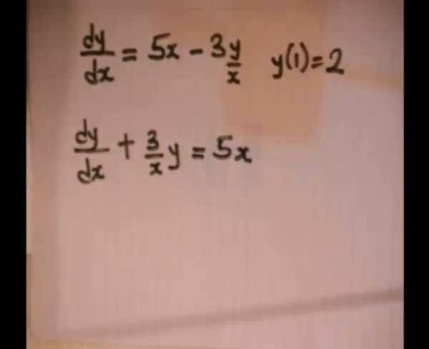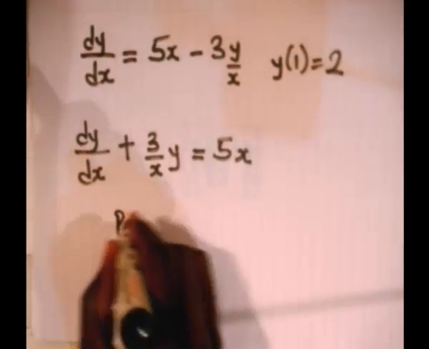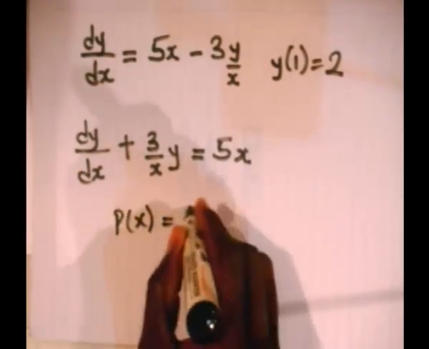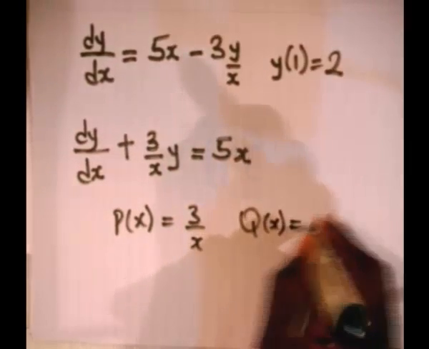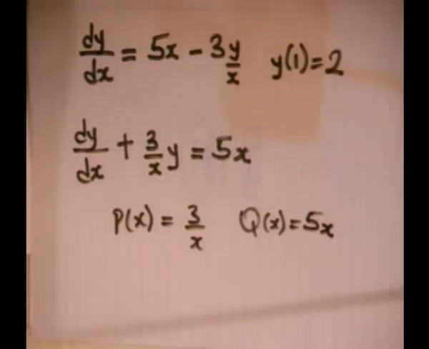Here we can see this is exactly of the form where p of x equals 3 on x and q of x equals 5x. So this is linear.